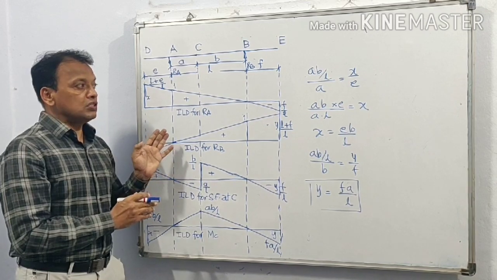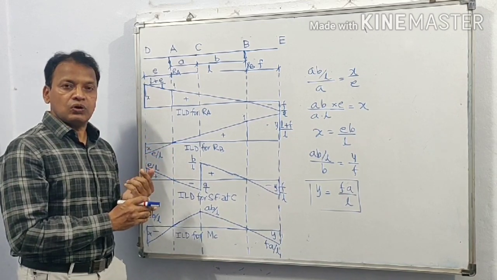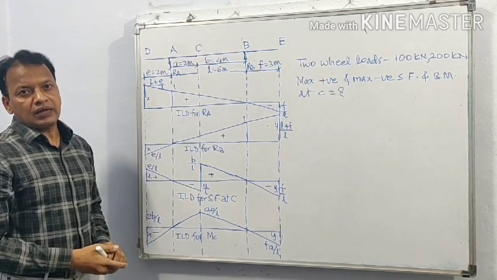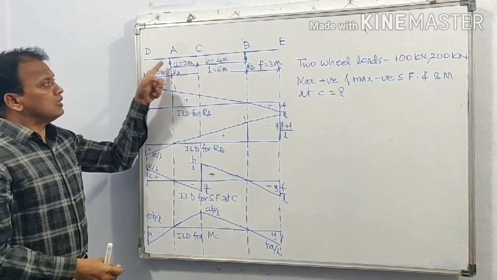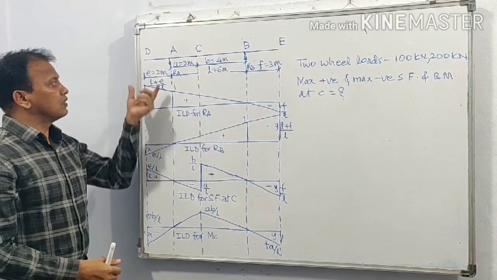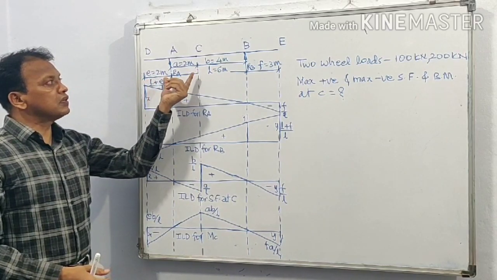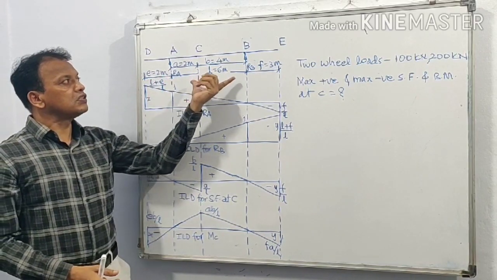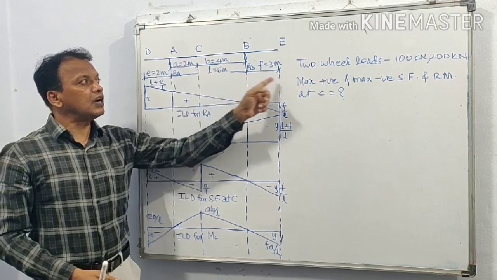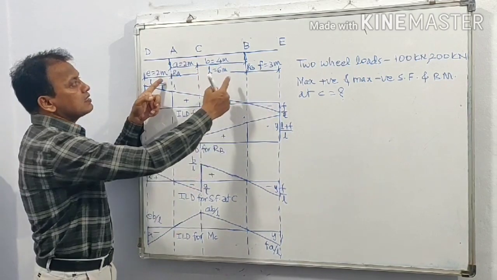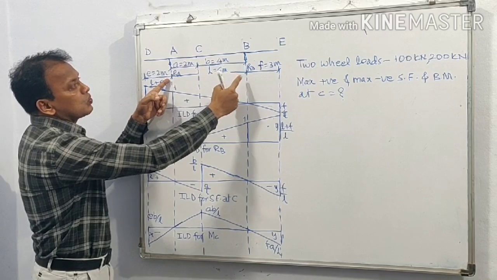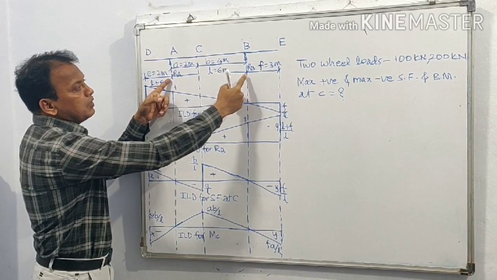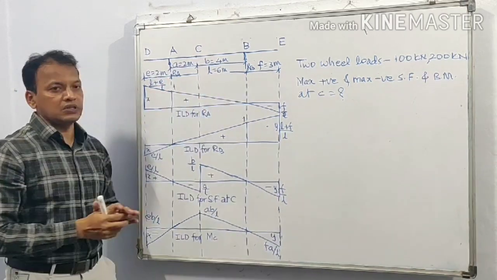Now using this influence line diagram, let us solve one more example. An overhanging beam DACBE is given. DA is equal to 2 meter, AC is equal to 2 meter, CB is equal to 4 meter and BE is equal to 3 meter. As AC and CB are 2 and 4 meter, this AB distance, that is L, is equal to 6 meter.